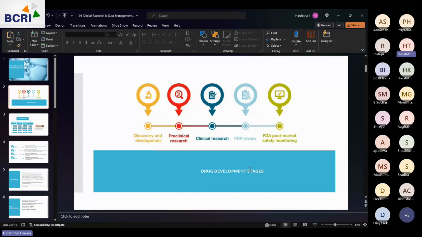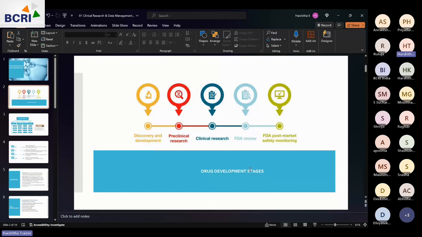So let's talk about drug development stages first. How is a drug developed? We have different stages in drug development. First is research and development, which we call discovery and development. Then we have preclinical research, then clinical research, then FDA, Food and Drug Administration review, then FDA post-marketing safety monitoring.